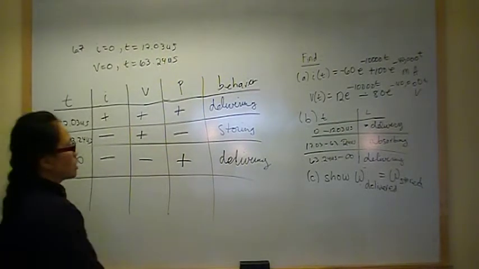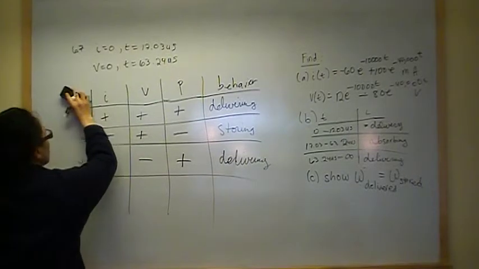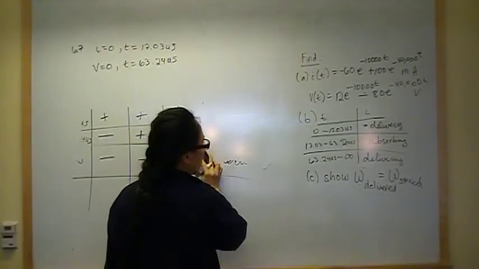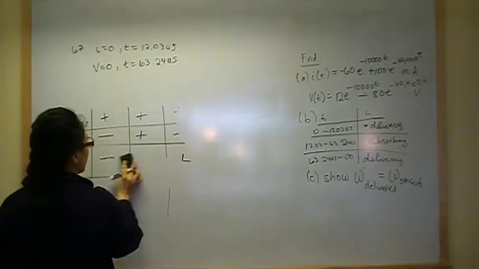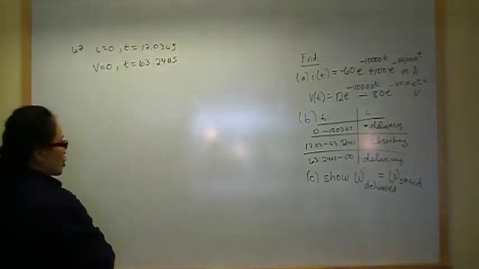That is part B. Part C is to show that energy stored is equal to energy delivered. The first part is easy, the energy stored, right?